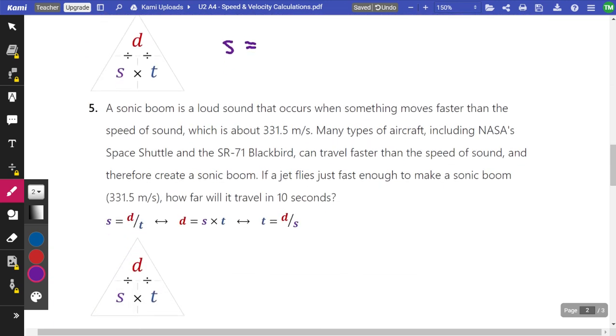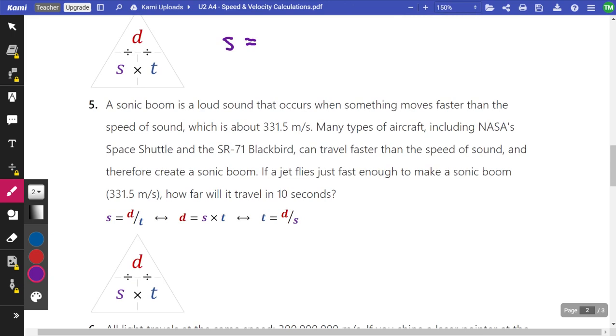Let's see number 5, a sonic boom. In this case, we're given the speed in meters per second, so we're already given a speed. And we're given a time down here. It doesn't really say the time is 10 seconds, but seconds is a unit of time.